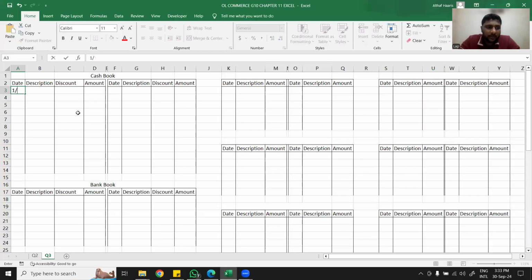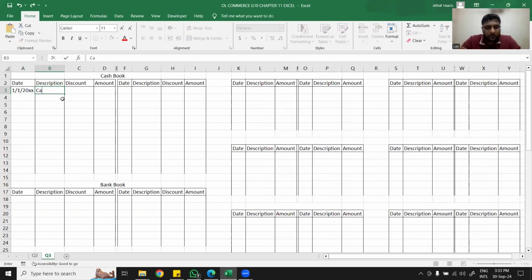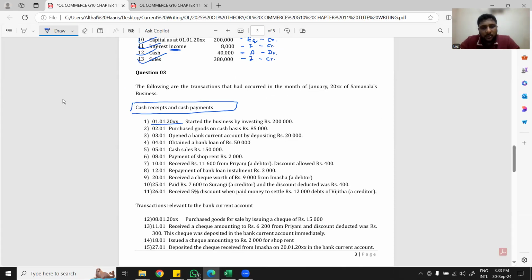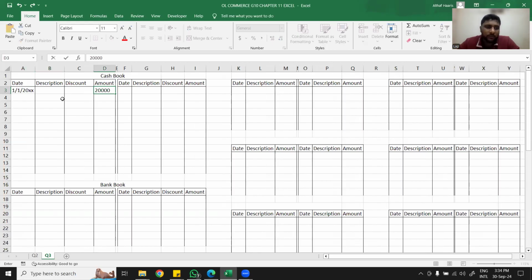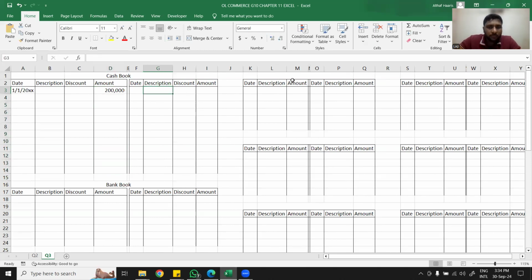The date is first January 20XX, the amount is 200,000, and here we'll put it to the capital account, credit 200,000.